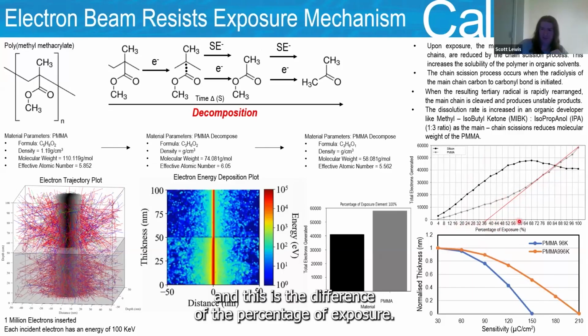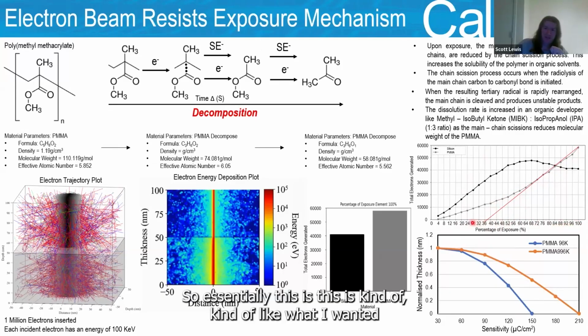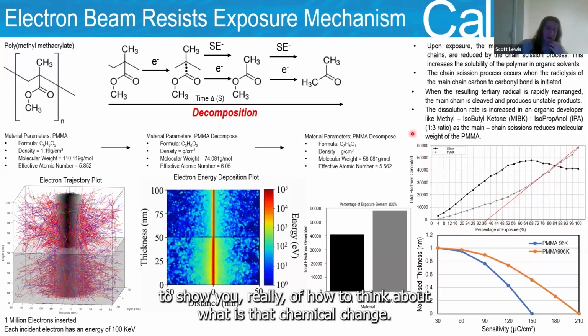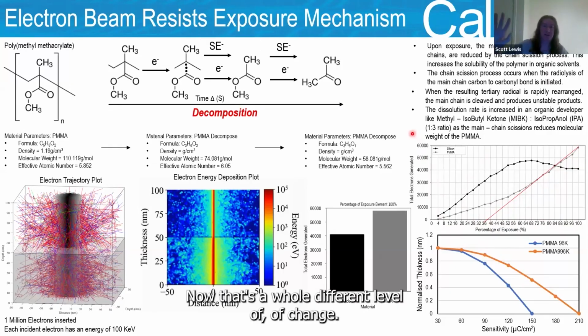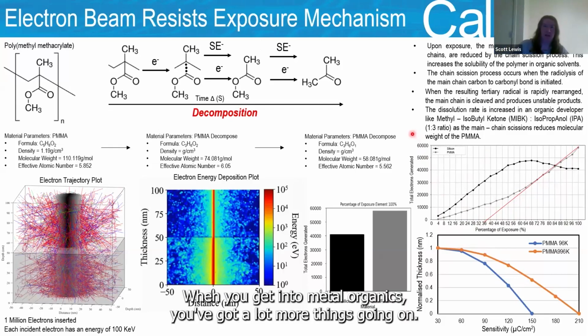And this is the difference of the percentage of exposure. So essentially, this is what I wanted to show you, of how to think about what is that chemical change. Now, when you get into chemically amplified resist, that's a whole different level of change. When you get into metal organics, you've got a lot more things going on.